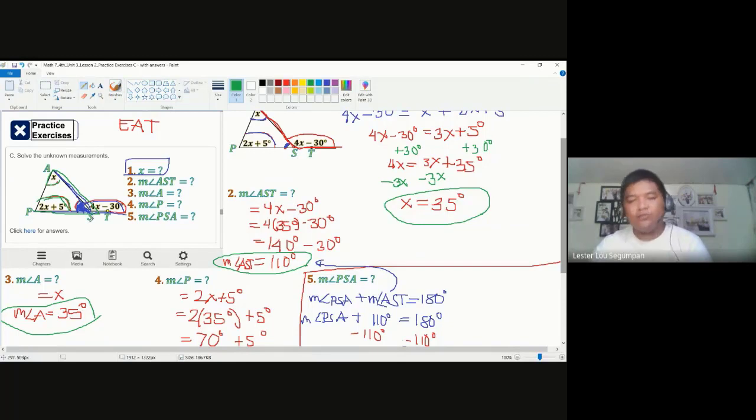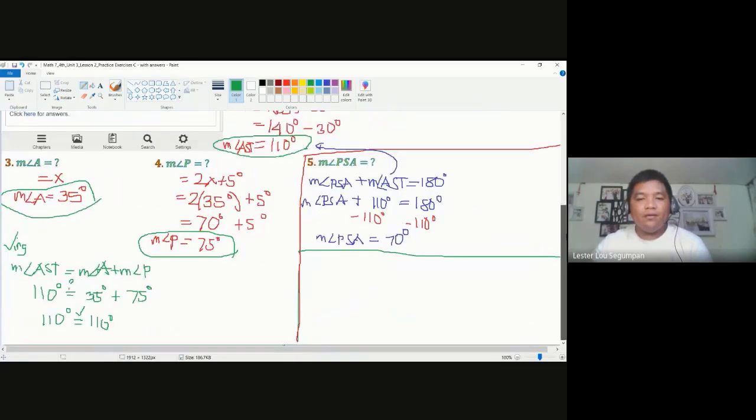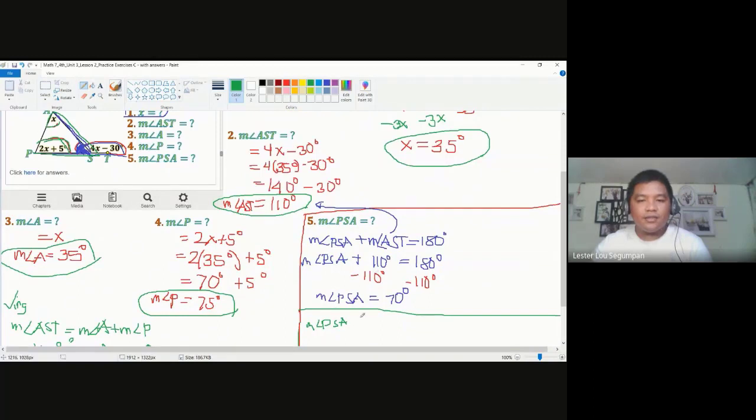As we all know, the measurement of the interior angles of a triangle should sum up to 180 degrees. So we will have the measurement of angle PSA plus the measurement of angle A plus the measurement of angle P must also be 180 degrees, because that is the sum of the interior angles of a triangle.